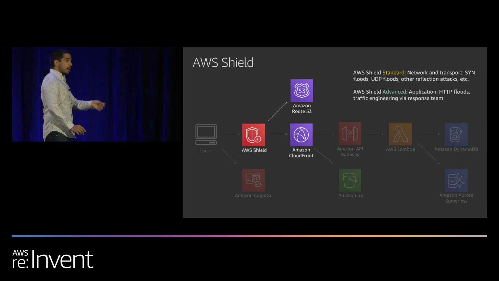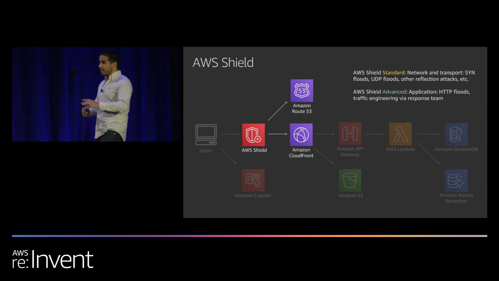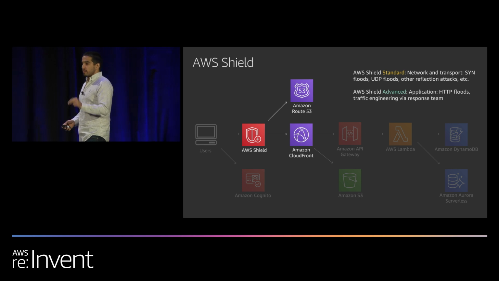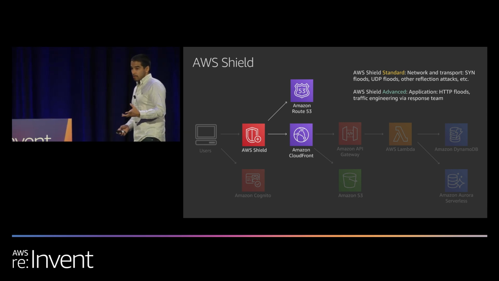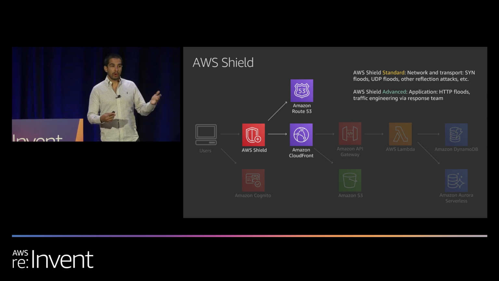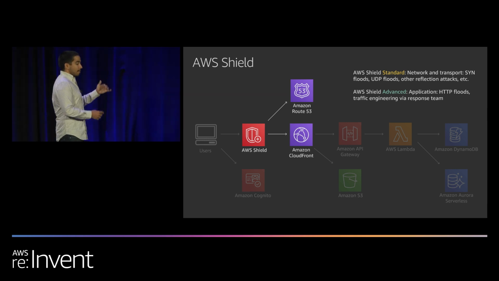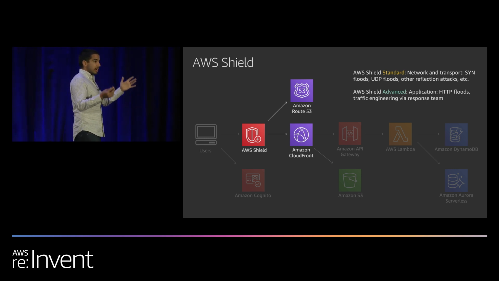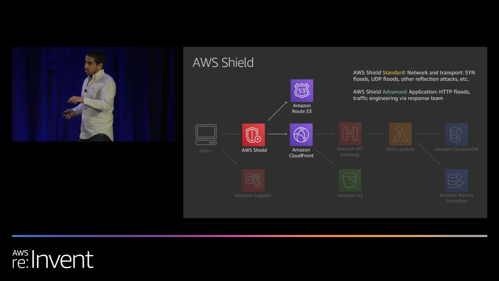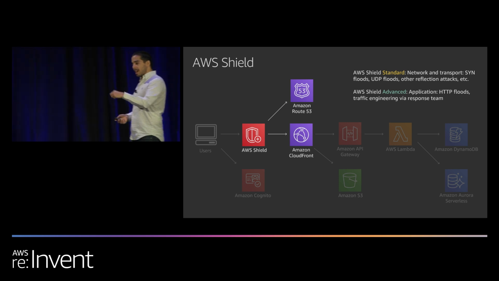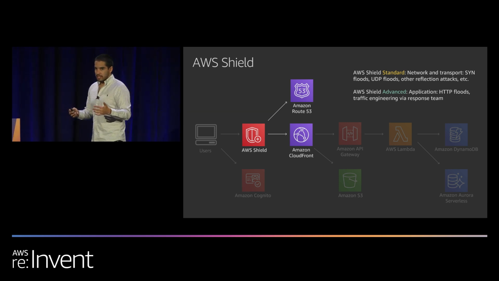But if you're building enterprise-grade serverless applications that are mission-critical and you cannot afford any downtime, you really need to consider a more sophisticated DDoS mitigation service, such as upgrading to AWS Shield Advanced. Because AWS Shield Advanced gives you protection at the application layer, protecting against things like HTTP floods, and it also gives you access to a response team so that in case you're actually under attack, they can apply some proactive measures like traffic engineering and things like that.